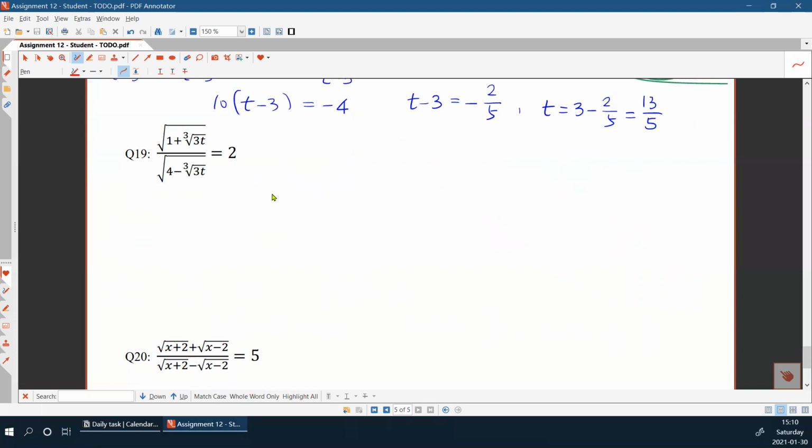Okay, the rule here is, when you have square root a over square root b, you can always rewrite it as square root of a over b, right? Following this rule, on the left-hand side we have something under a very large square root sign.